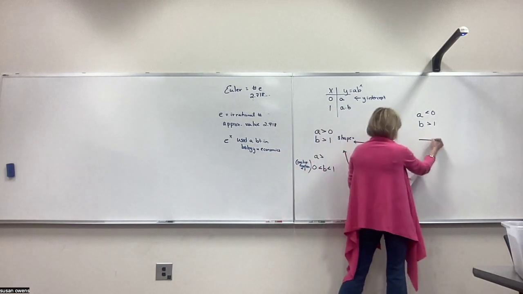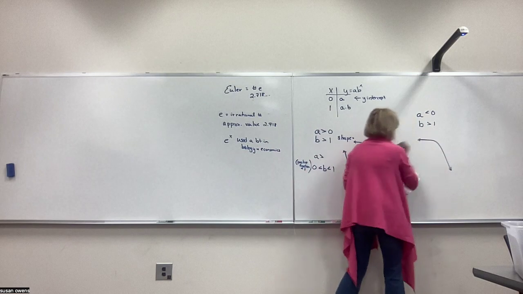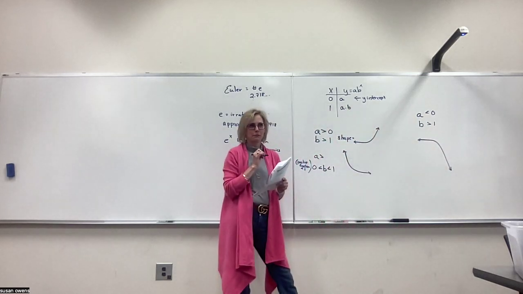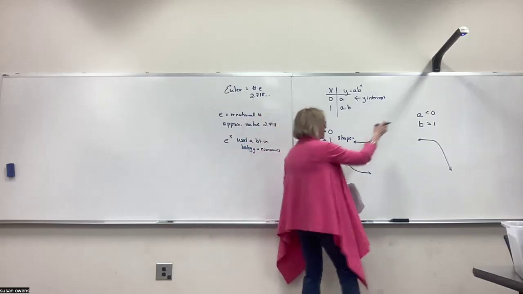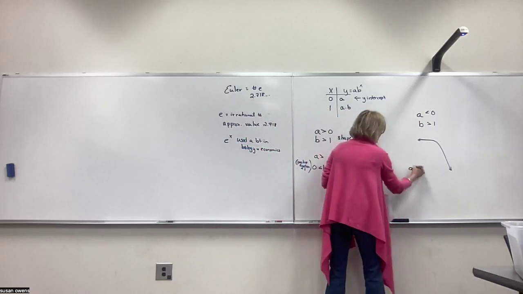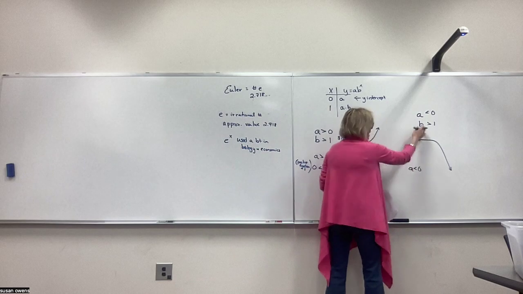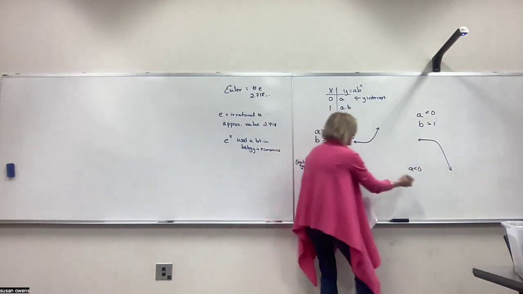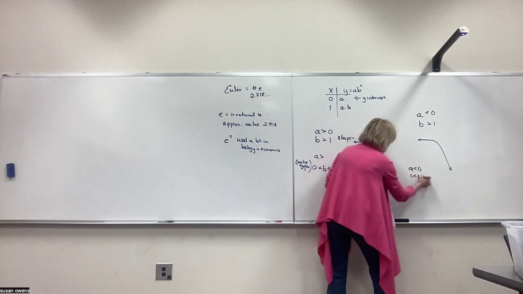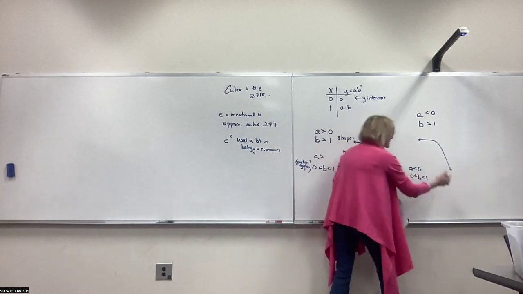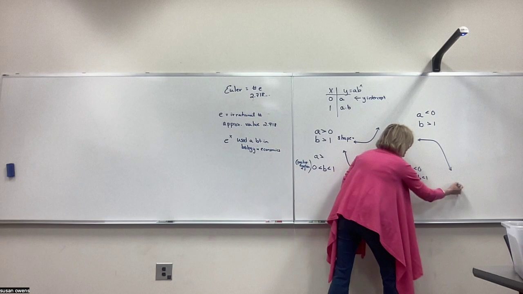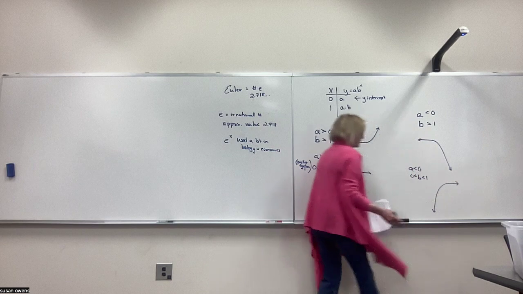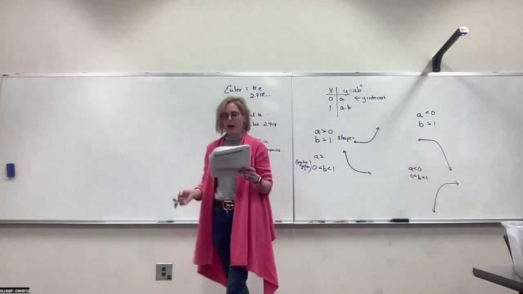So it's going to look something like that. And then if we combine that a less than 0 with b being a positive fraction, so b is greater than 0 and less than 1, it's going to take that graph and reflect it over the x-axis.